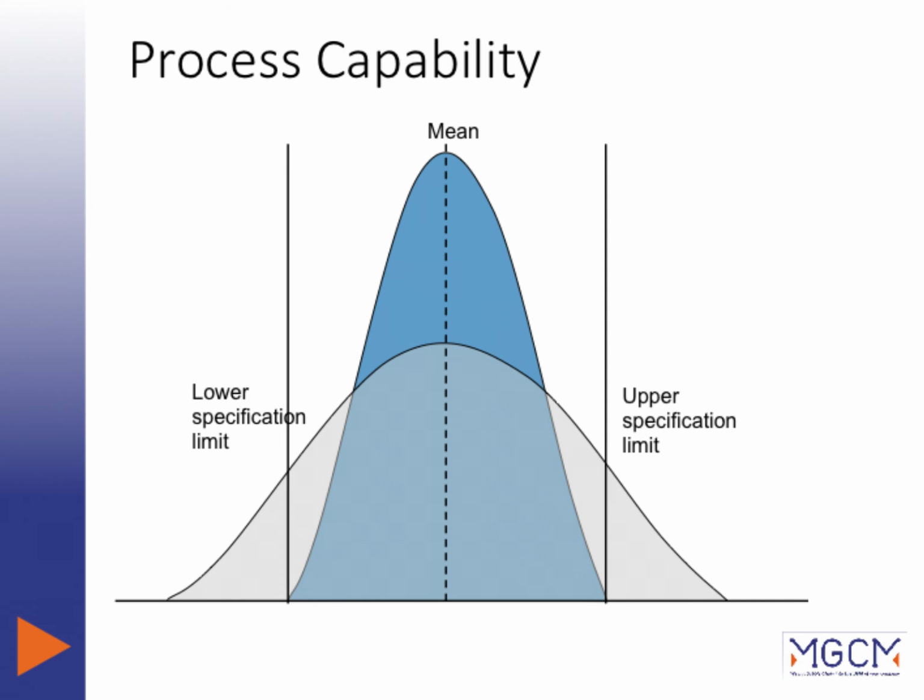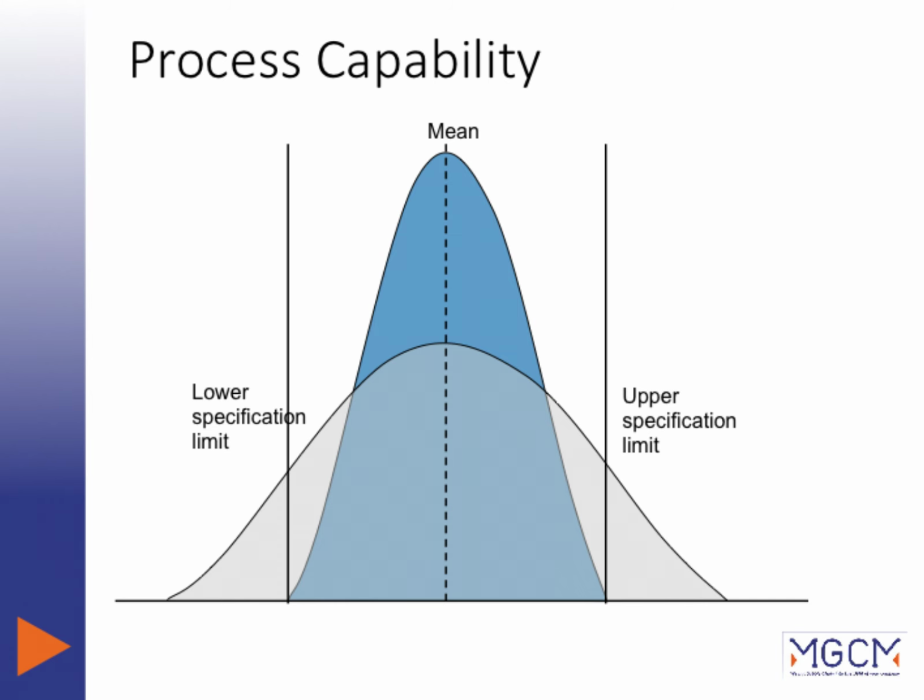The light shaded distribution has values above and below specification limits, which means this process is not in control. So things will have to be changed so the data is moved closer towards the mean and within the upper and lower specification limits.